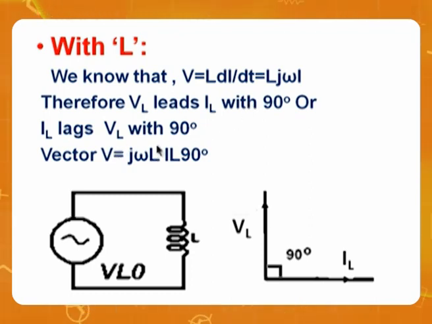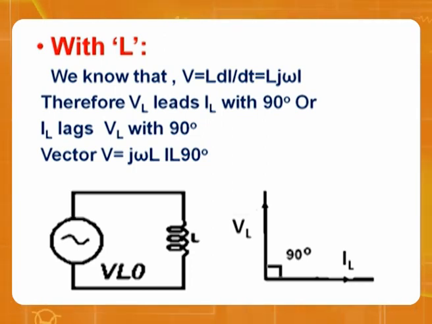Therefore, V is equal to j omega L into I at angle 90. So this is the angle. That means V is leading I by 90 degrees. So voltage across the inductor is leading I by 90 degrees because this is a leading angle. This is the explanation, circuit diagram. Voltage is given, inductor is here, current is taken.